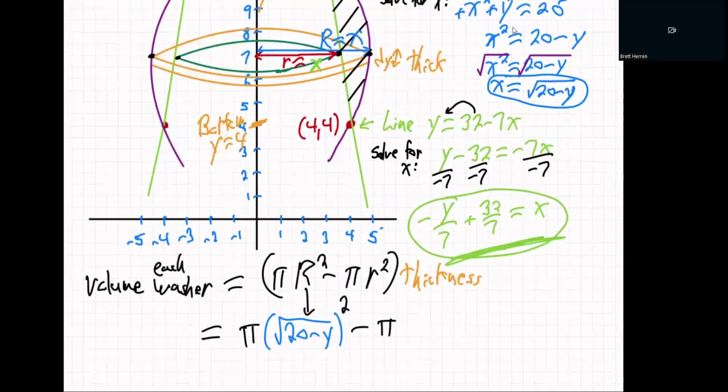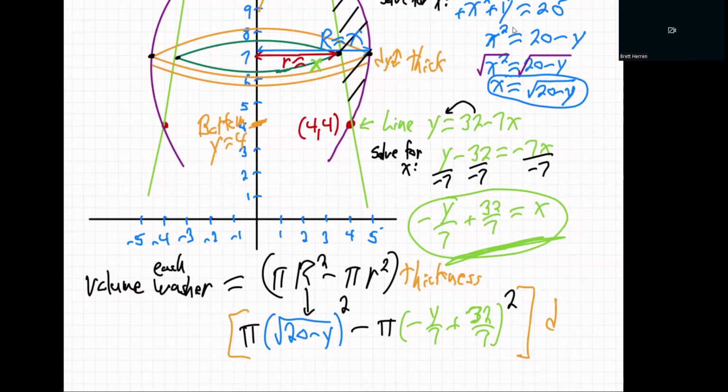So I go, oh, okay, that's it. Minus y over 7, is 32 over 7, if you can read my writing there. And then squared for that. And then we're going to put the thickness, which is dy, because we're going up the y-axis.